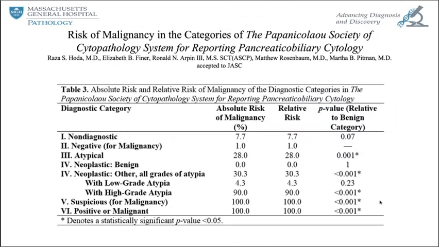Now we look at the risk of malignancy using this nomenclature of low-grade atypia and high-grade atypia, and we can see that there's a dramatic difference in the absolute and relative risk of malignancy between mucinous cysts with low-grade atypia and high-grade atypia, or neoplastic other cysts, I should say, because neuroendocrine tumors are included in that.